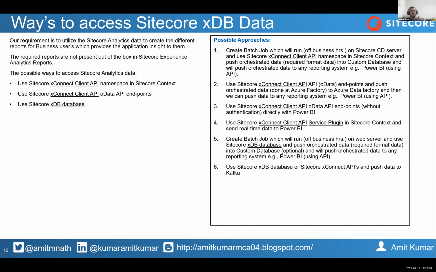So one thing is that, suppose you create some sort of batch job or scheduler which will be running in the Sitecore context, and you will be getting data out of xConnect via xConnect namespaces like get all contacts or get contacts, or on the basis of any condition, and you will orchestrate that data and push it into any other database or data storage where you want to store it, like Azure Blob Storage or anywhere, in the form of a JSON file or anything, so that later you can push it to any system.